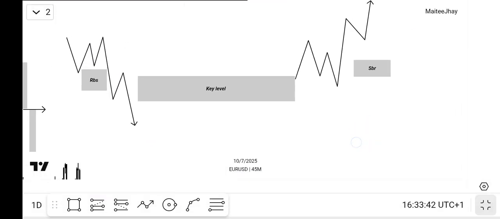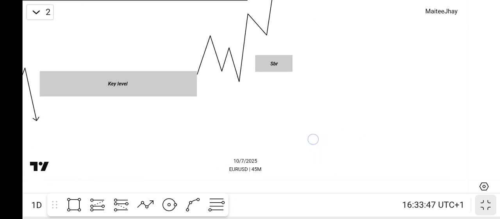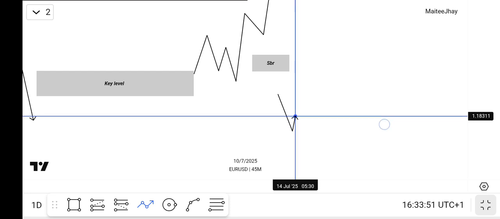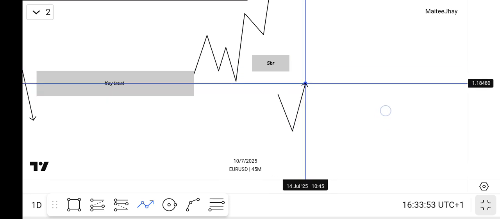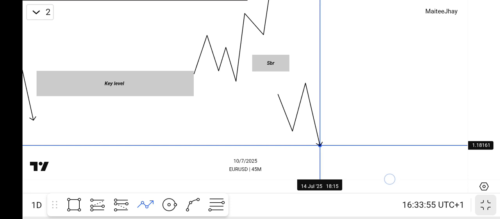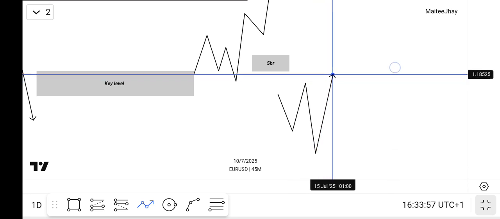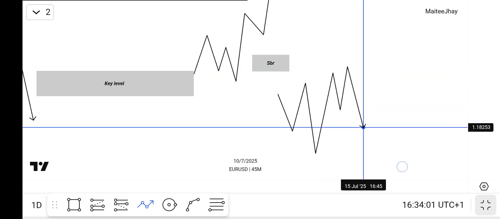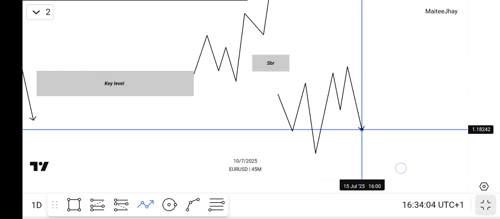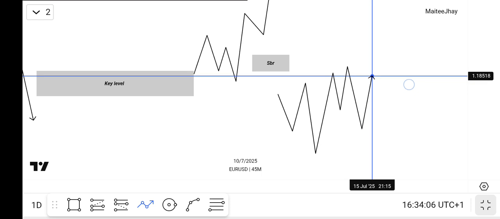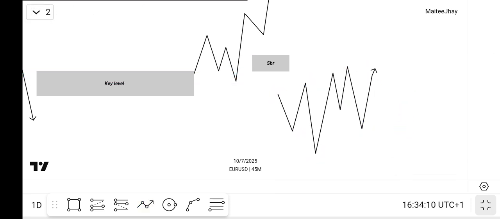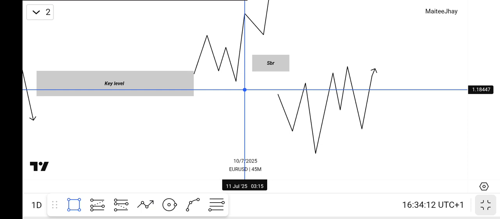Getting to know this, we also have other levels like the QM, like this. So this is the QM.